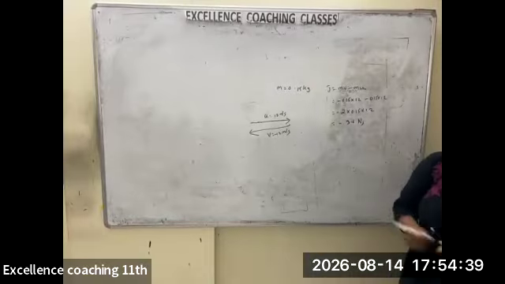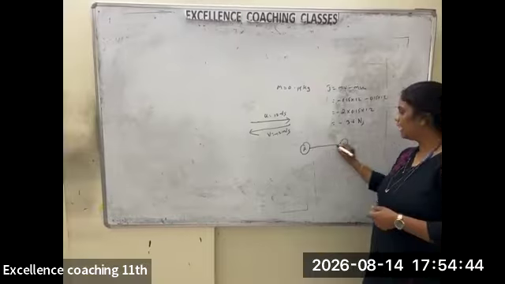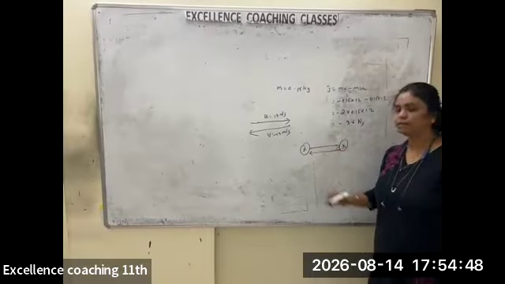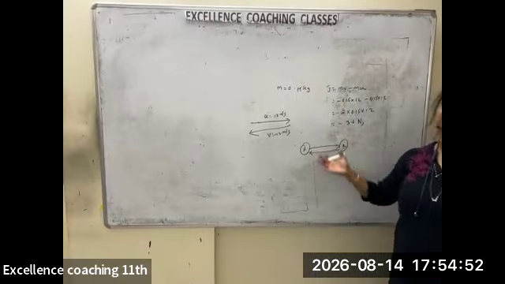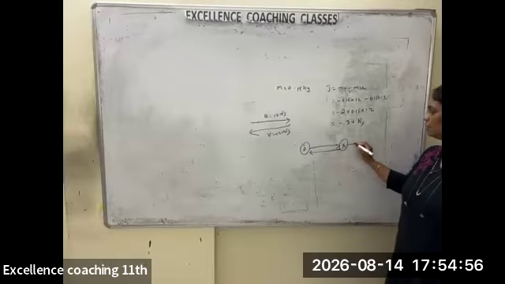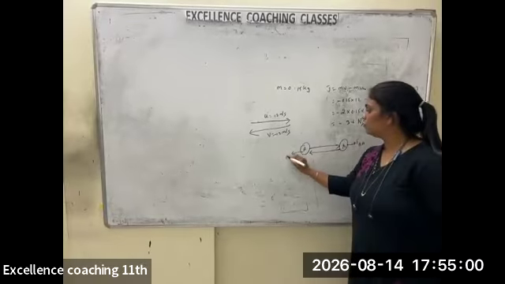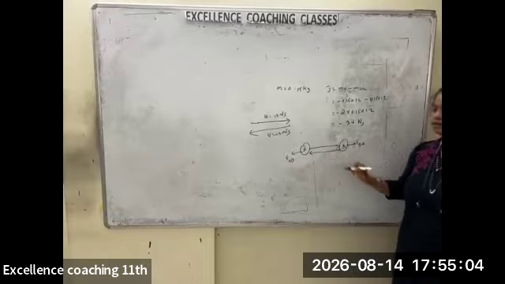If there are two objects, A and B, so A will exert a force on B, and as a result, B will also exert a force on A. If I slap someone, someone will slap me. So this is force on B due to A. This will be force on A due to B. Correct?